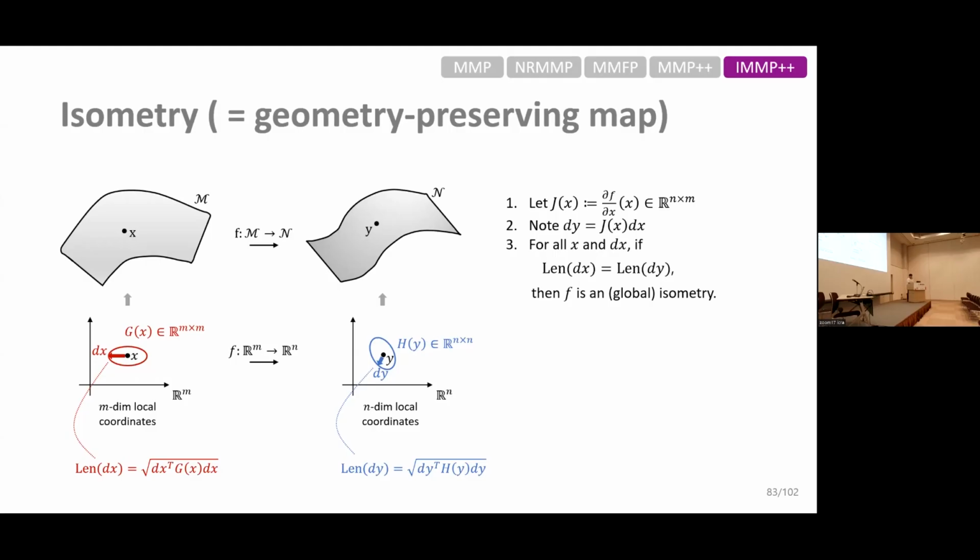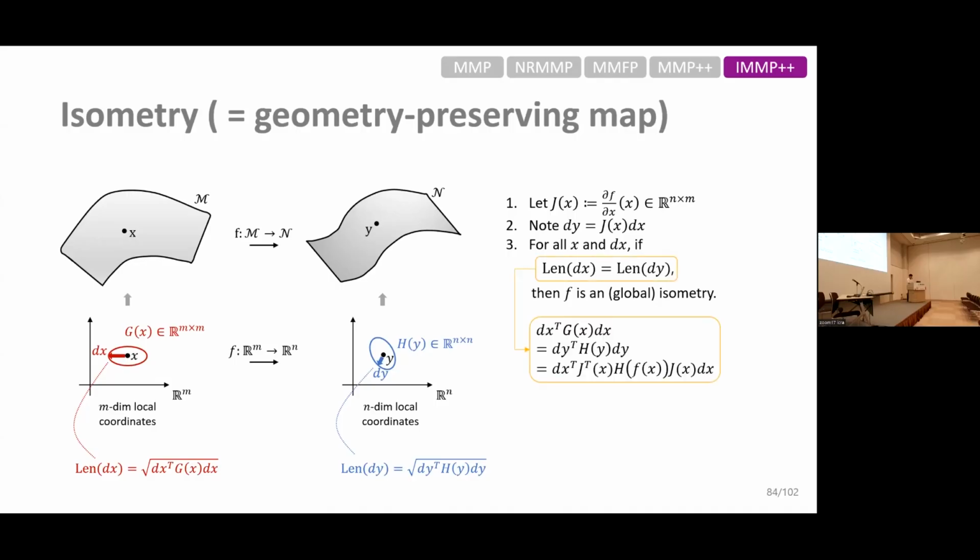Denoting by J the Jacobian of F, which is an n times m matrix, dy is equal to J dx. If the lengths of dx and dy are equal for all x and all dx, then the mapping F is called an isometry. Because it preserves local distances, local structures everywhere, it ends up preserving global geometric structure quantities as well.